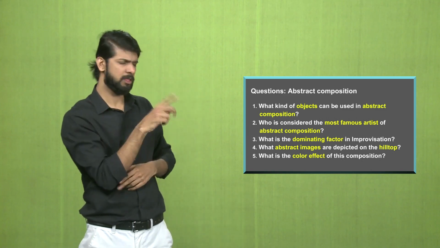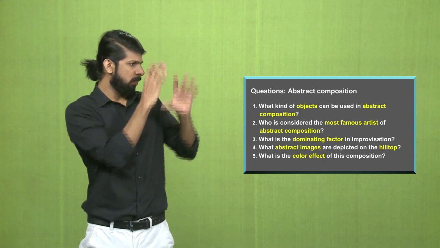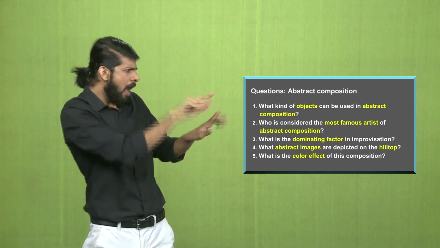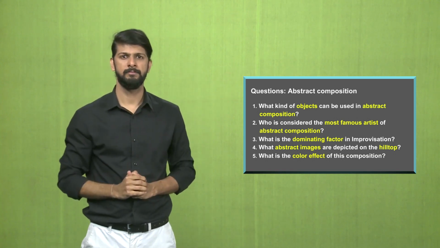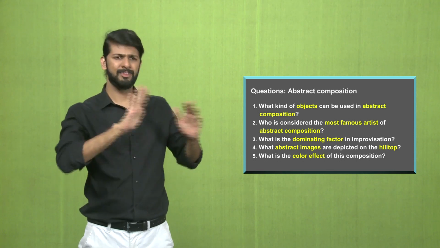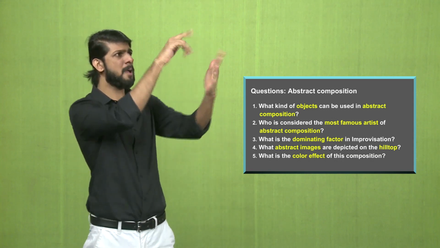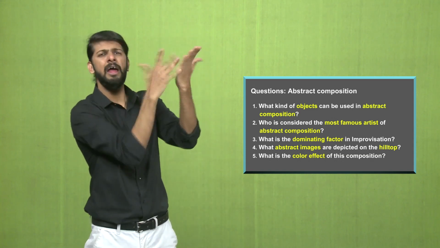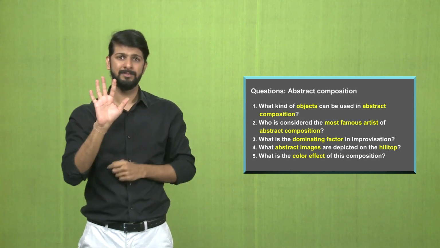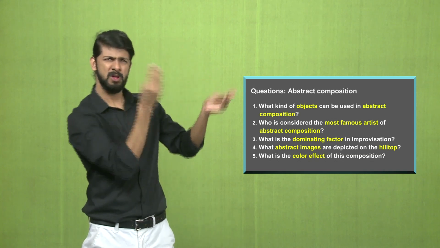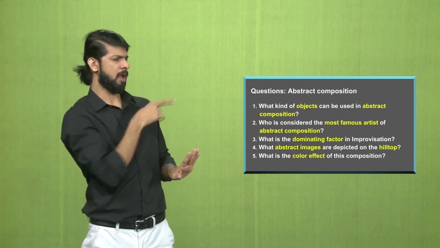What is the dominating factor in this painting? Question number 4. What are the abstract images depicted on the hilltop? Question number 5. What is the color effect of this composition?